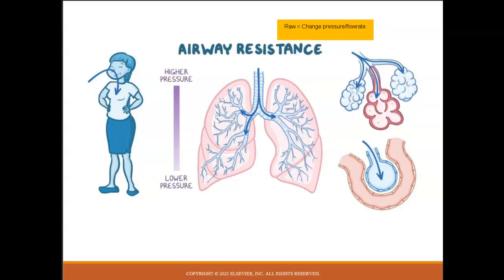So if you wanted to rearrange that equation to solve for pressure, I would just have to take Raw times my flow rate equals my change in pressure.